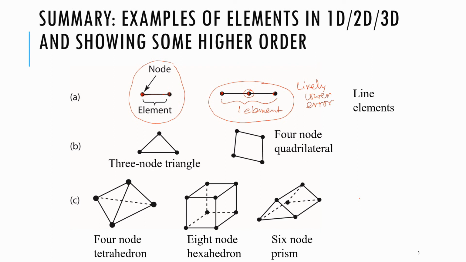So all that is for line elements in 1D. The same thing can happen in 2D. So this is 1D, 2D, and 3D. In 2D, for example, instead of the 3-noded triangle, I can have a 6-noded triangle.